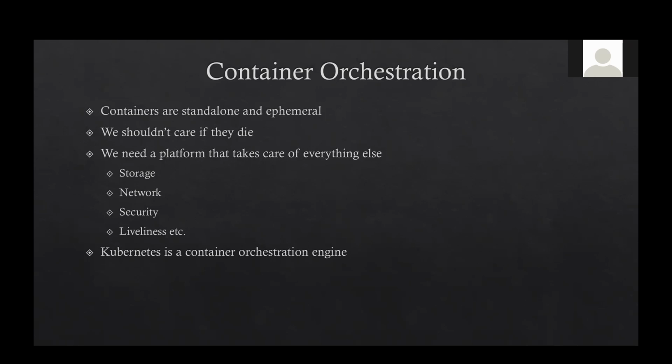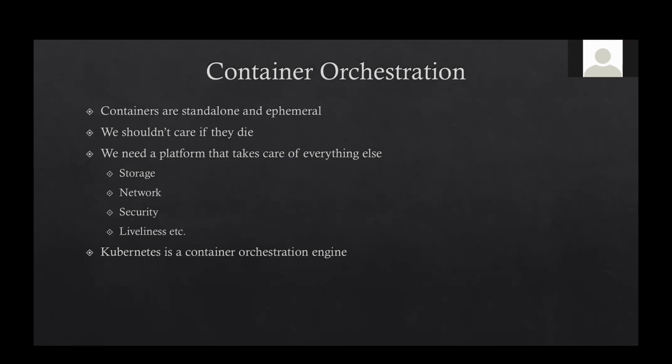We do need to ensure that if a container dies and comes back, there is no impact on our service, that calls made by users from the outside world are reaching us. That is something that we need to ensure. So that's where network comes in.